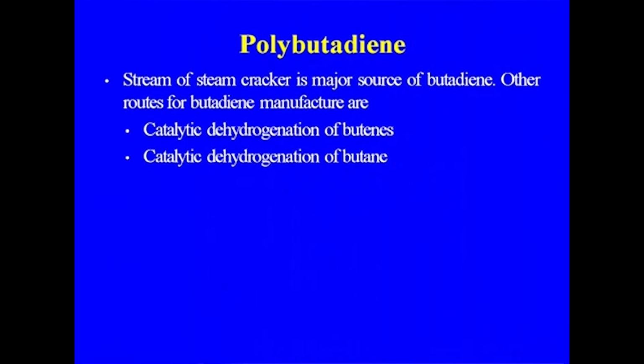Other routes for butadiene are catalytic dehydrogenation of the butenes, and catalytic dehydrogenation of butane. These two we can recover from the FCC gases, the C4 gases.